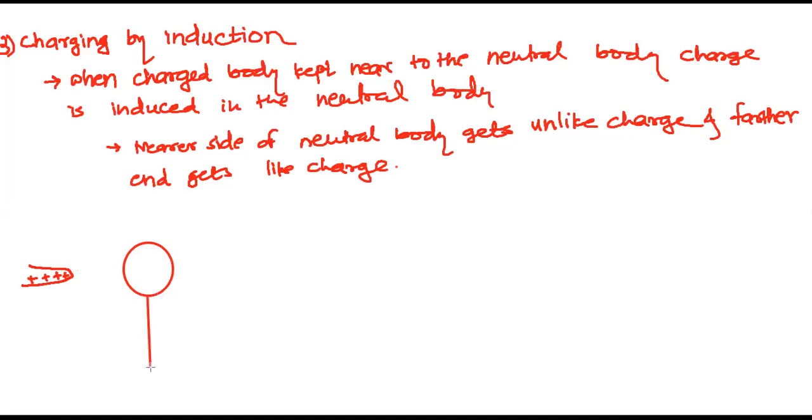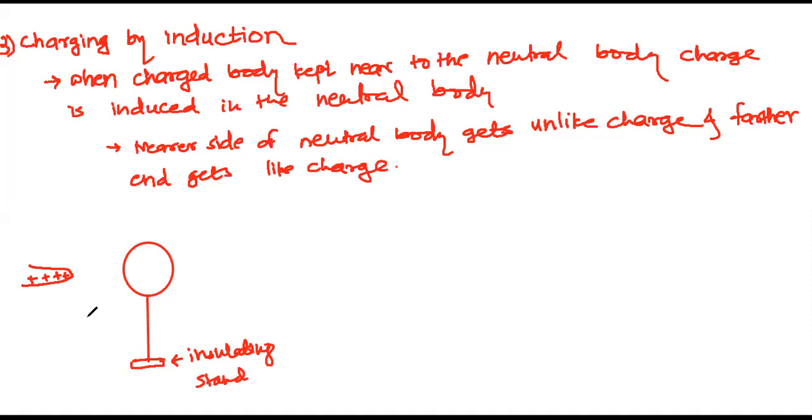What is meant by neutral body? In which the number of positive ions is equal to the number of negative ions, and this is an insulating stand. Otherwise, all will conduct. Keep it in mind. Now, is there any contact? No, there is no contact.